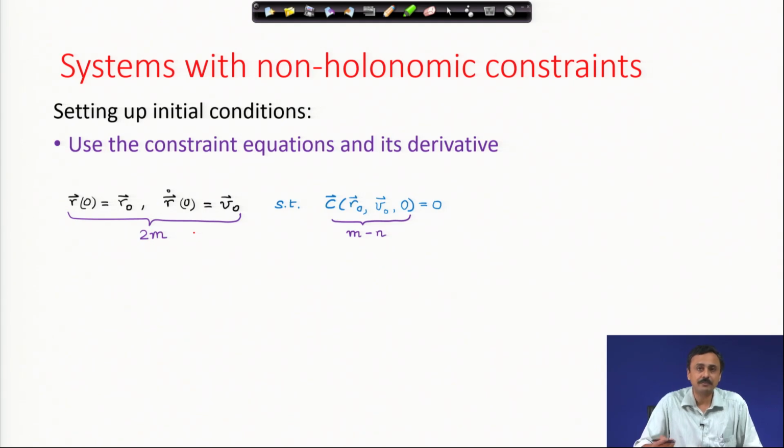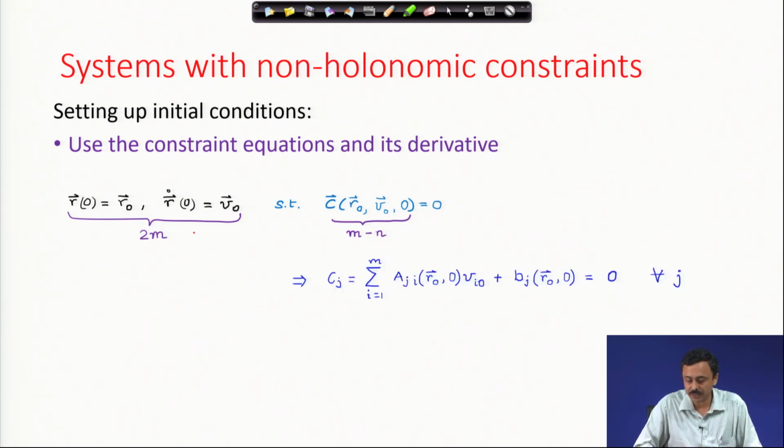You may also have holonomic constraints, then you have additional conditions. Here I am only discussing the non-holonomic constraints. We have the non-holonomic constraints m minus n, therefore, these many conditions must be satisfied. I have opened it up for you and written it using these initial conditions that you can see here.